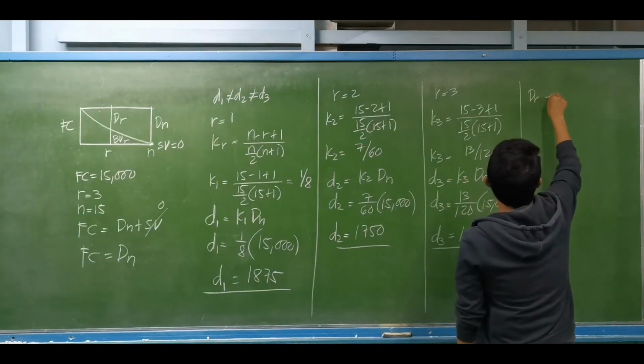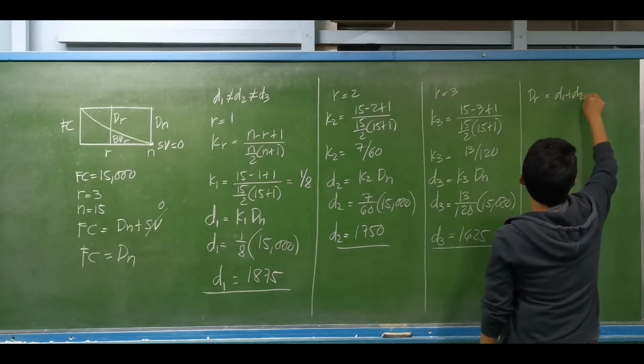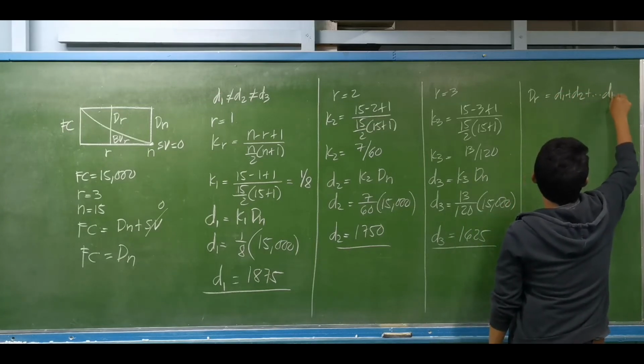Alright. So the accumulated depreciation on the third year, d sub r, is equal to d1 plus d2 up to d sub r.